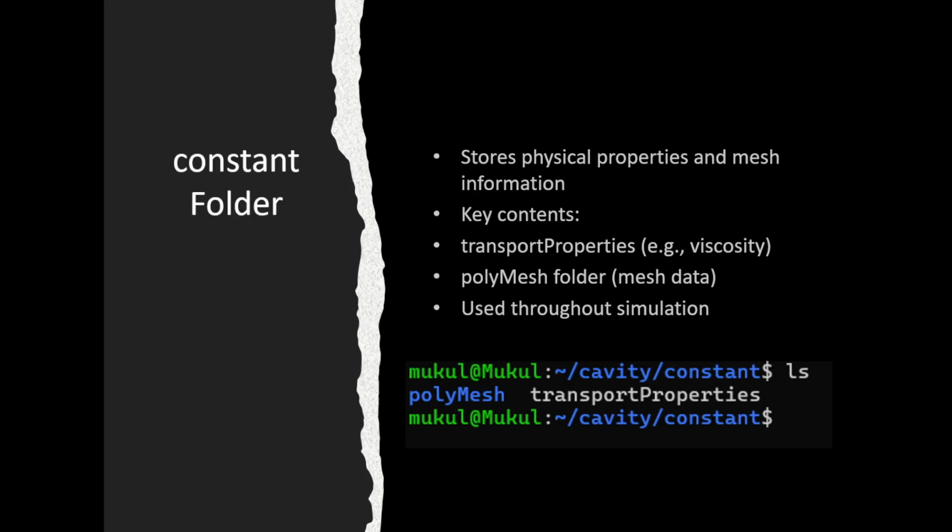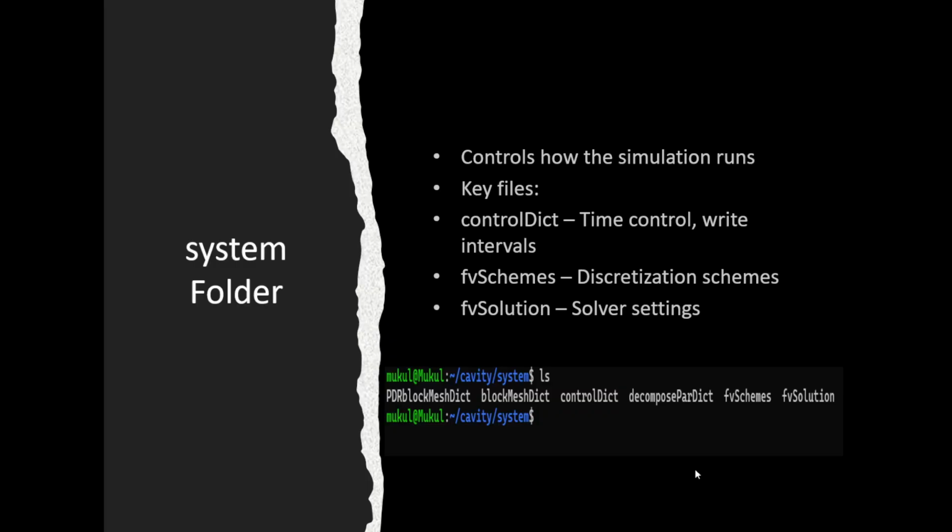All right, the next one is the system directory. This directory defines how the simulation runs: start time, end time, solver settings, and mesh generation. The important files are controlDict, fvSchemes, which is for discretization schemes, and fvSolution, which is for solver settings.